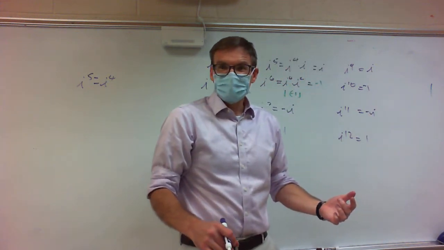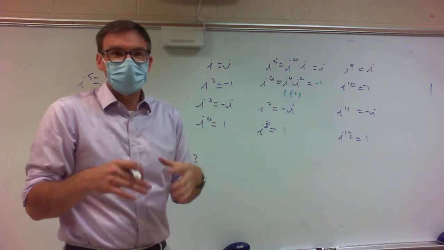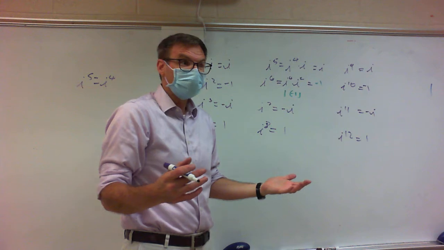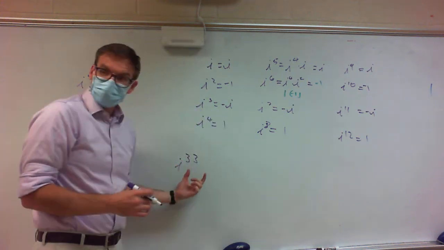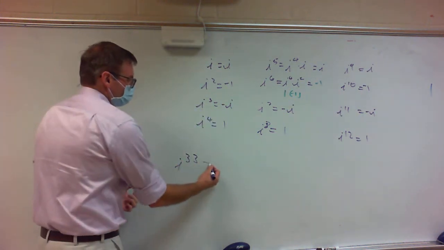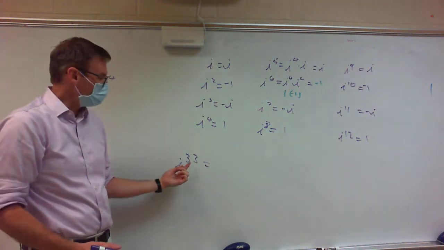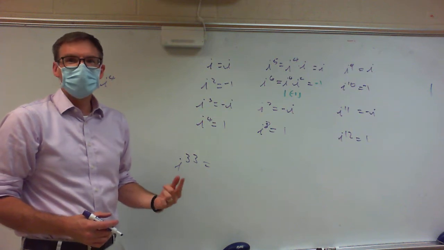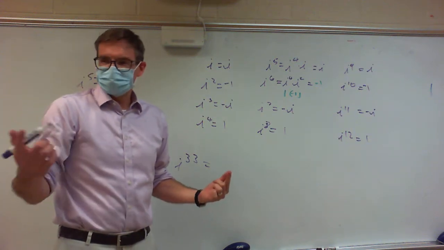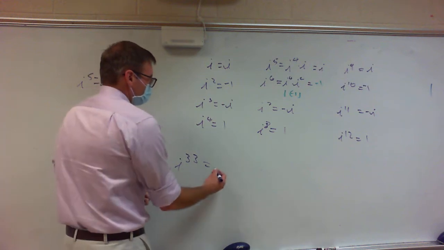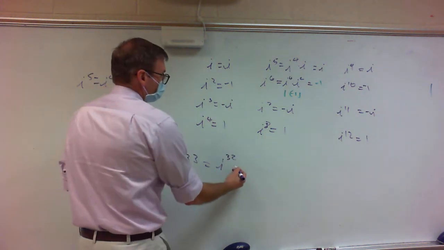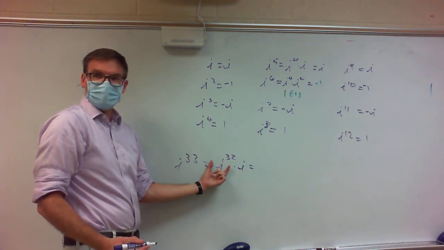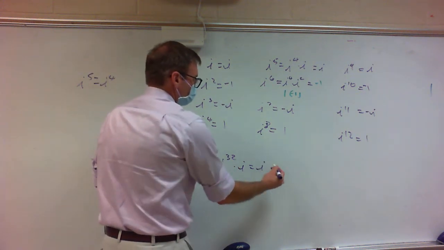If the power is a multiple of 4, like your multiplication tables for 4, you get 1. So when you look at I to the 33, I don't like 33 so much. What number do I like? 32. So I get I to the 32, and what's left over is the I, and that's a big fat 1. So I get 1 times I, which gives me I.